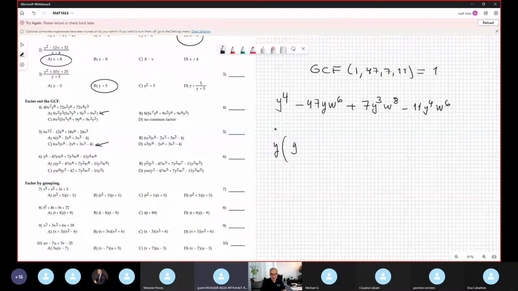Open parenthesis, y cubic. You have 4, factor out 1, minus 47 stays the same. This y goes outside, W6, plus 7, y second, W8. Remember, W is not a common factor, so no factoring out. Minus 11, y cubic, W6. End of the story.